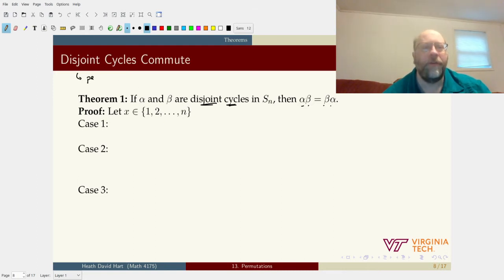So permutations do not commute unless they are disjoint. Okay?